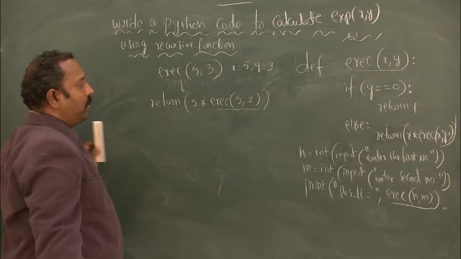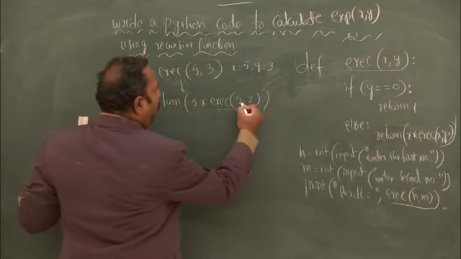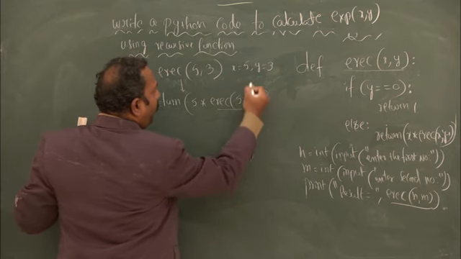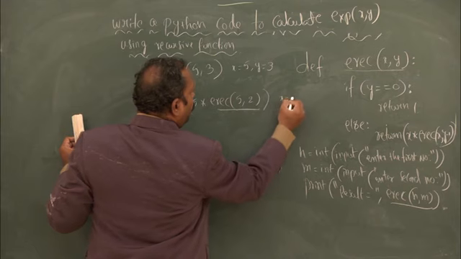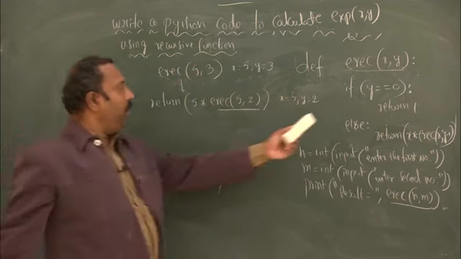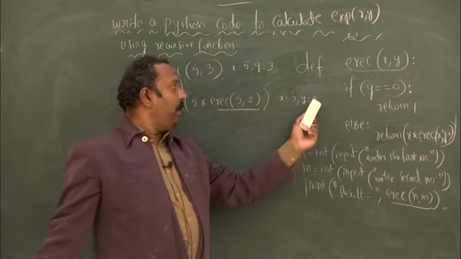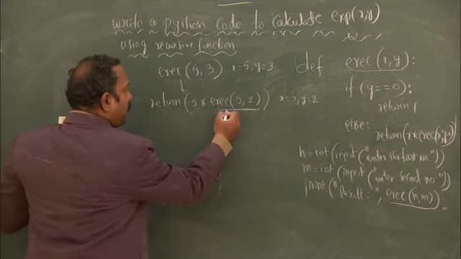Again there is a function call. So whenever there is a function call, again it will go to the definition of function, and now x gets 5 and y gets value 2. Here y equal to 0, but y got 2. 2 equal to 0, condition is false. So again it comes to the else case.